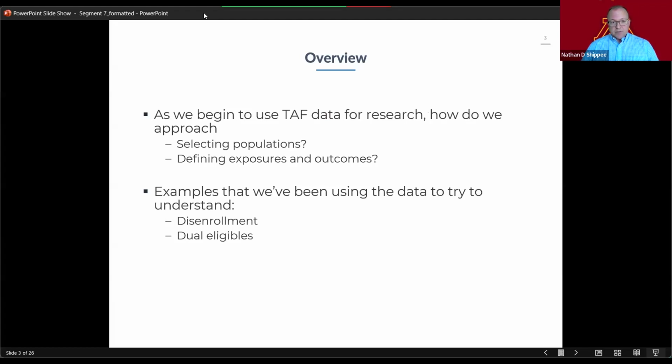The examples that we've been using the data to try to understand here, and I've got a couple of others, but generally are going to revolve around something we talked about yesterday, which is disenrollment and how we look at that, and how we look at the patterns in that and what it does and so on, as well as dual eligibles. So these are not all possible examples, but they run us into a lot of the common issues that I think you'd want to pay attention to in a lot of studies.